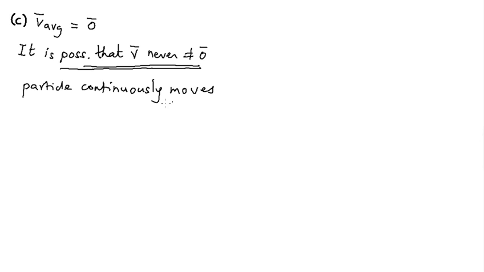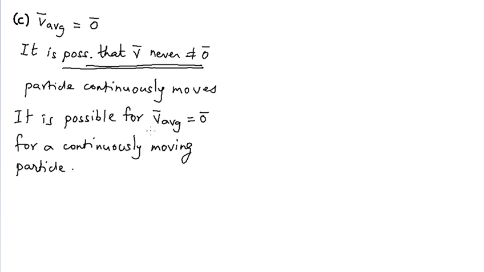So in simple language, the statement given is as follows. It is possible for the average velocity to be equal to 0 bar for a continuously moving particle.